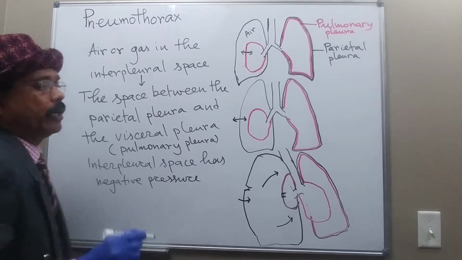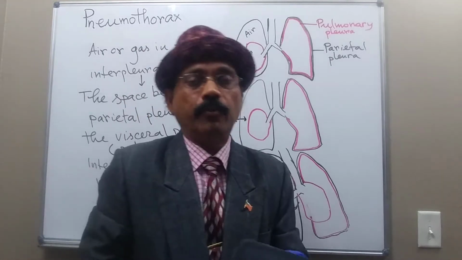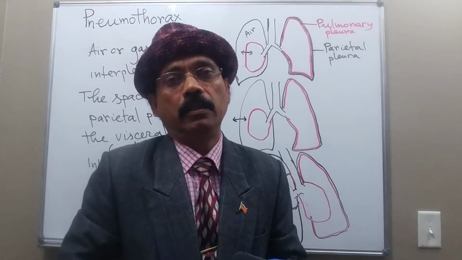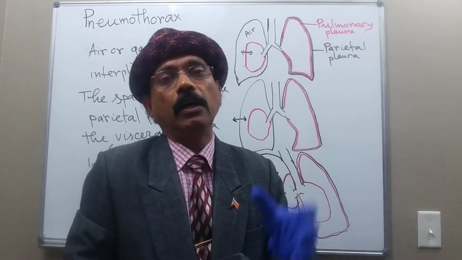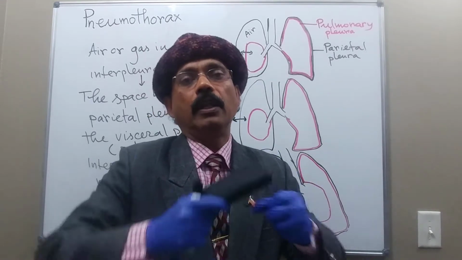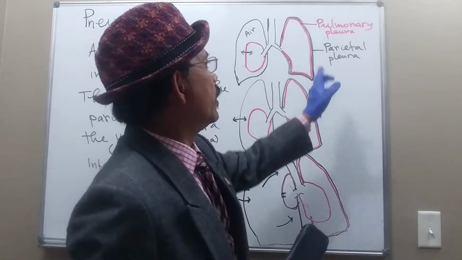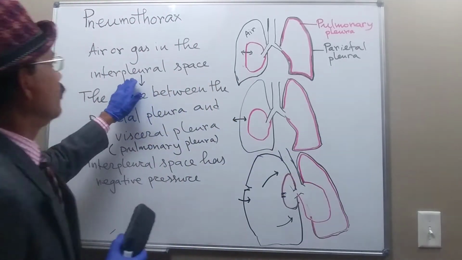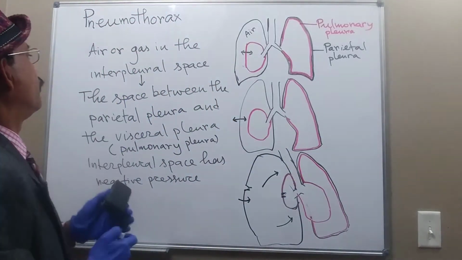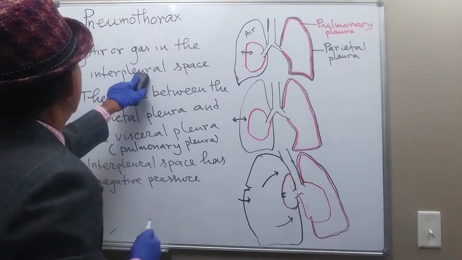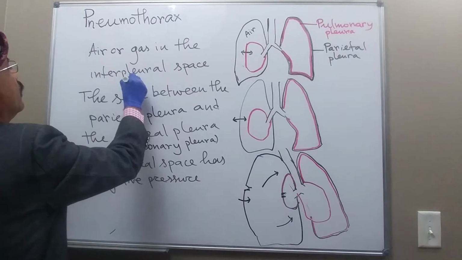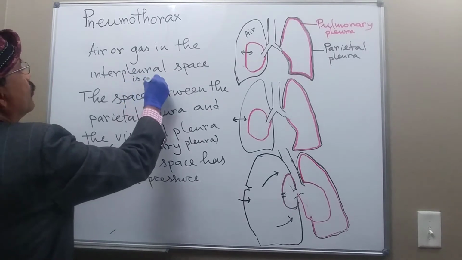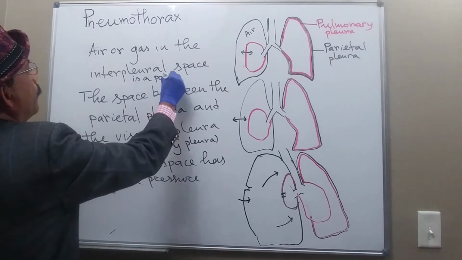Okay, and negative pressure is essential for the expansion of the lung. So when that negative pressure is lost, the lung collapses. So the lung is expanded due to negative pressure, and the interpleural space is a potential space.